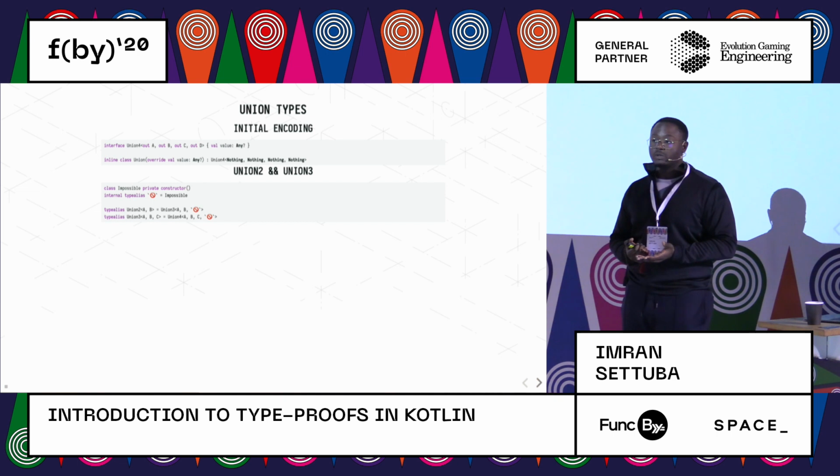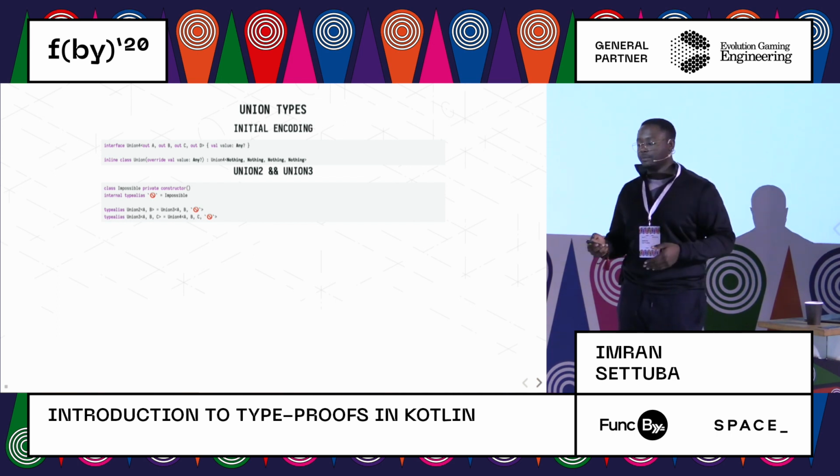It only contains one value, which we declare as the top level value that is available in the hierarchy of Kotlin. And then whenever we want to have a smaller union, for instance a union of 3 or 2, we can reuse the one from before, and through the type alias, the compiler will erase that at compile time. So at the end of the day, we only have the biggest abstraction.